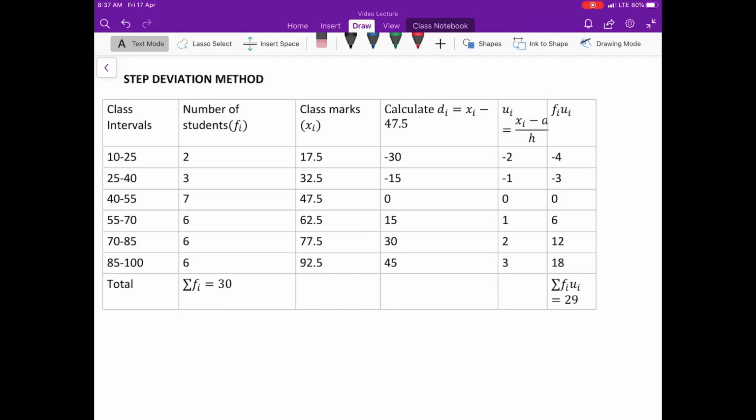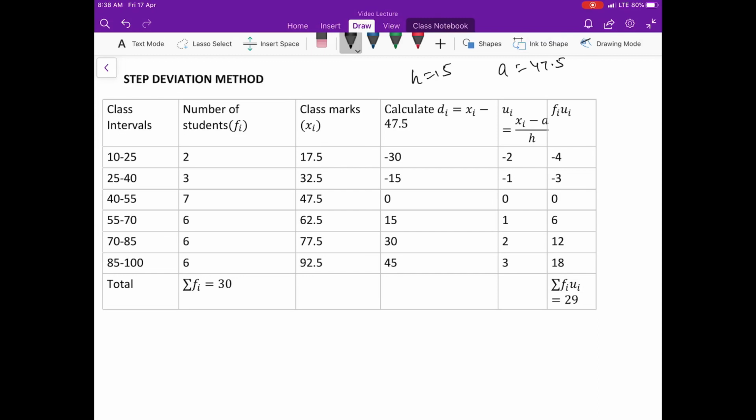So here h value is 15 and a is 47.5. We need the step deviation method to simplify our calculation. Please understand this: the step deviation method and the assumed mean method are simplified forms of the direct method. Here calculation becomes easier.